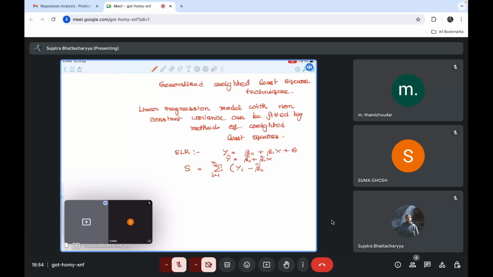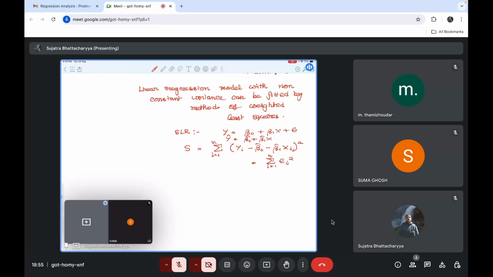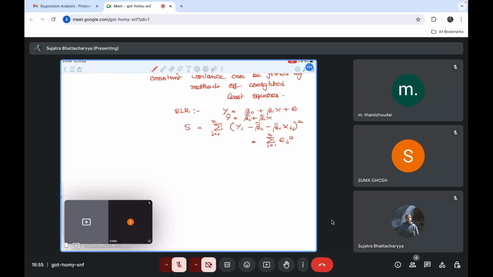Epsilon will not be there here. That's all. So this is your sum of square of residual. Just remember, this is just the first class, same thing we are doing.